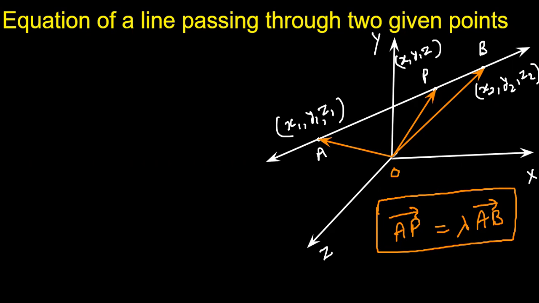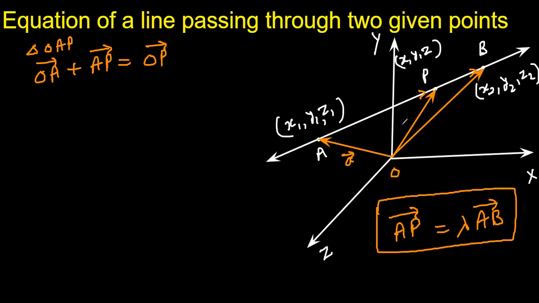To find AP, let's use the triangle law of vector addition. This is the vector AP, and we will also take the vector AB in the bigger triangle. So in triangle OAP, can we say vector OA plus vector AP should be equal to vector OP? We represent OA by small vector a for convenience, as this is easier to write.